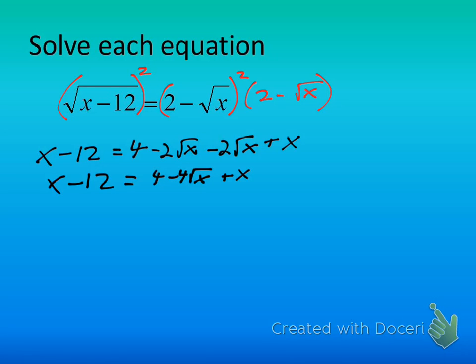All right? So, first thing you should see is there's x's on both sides. They cancel out because you just subtract x from both sides, right? So negative 12 equals 4 minus 4 times the square root of x. Okay, what's your next step from here? Subtract 4.